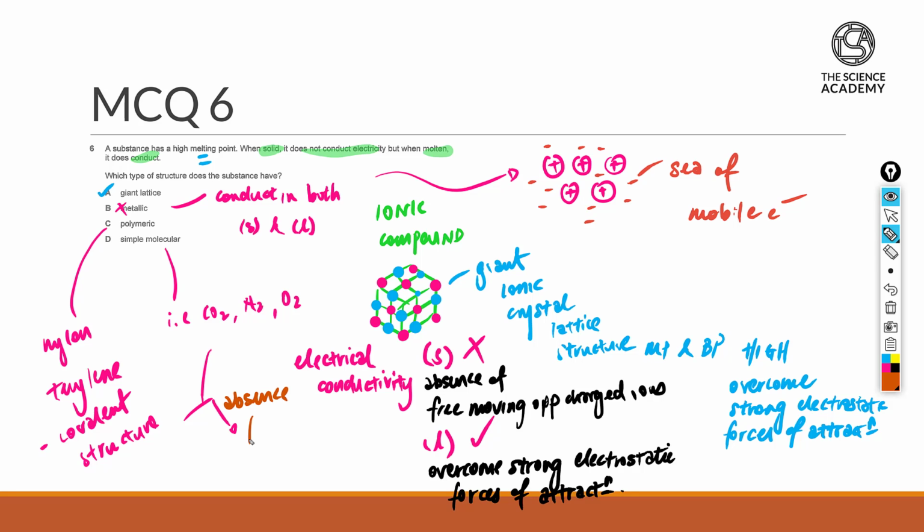It lacks the free-moving oppositely charged ions of ionic compound. It also lacks the sea of mobile electrons. And lastly, it also lacks the delocalized electrons reminiscent of graphite. In this case here, C and D is gone, and the correct answer for this question here is A.